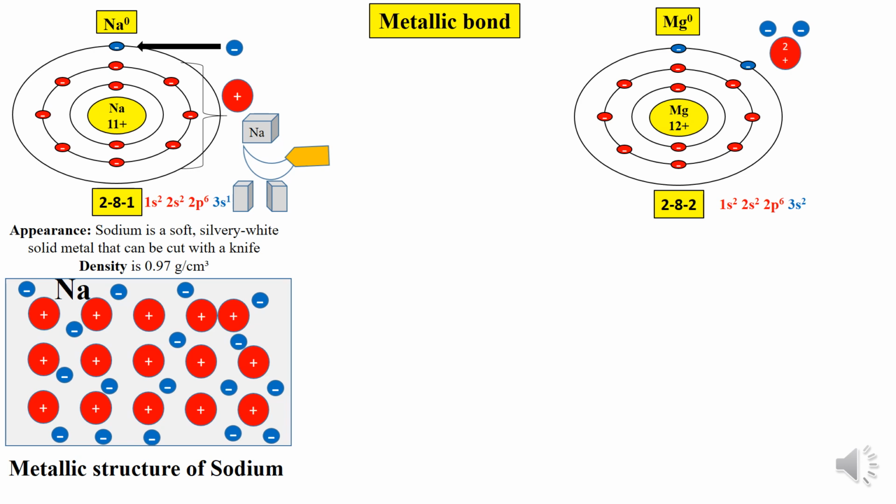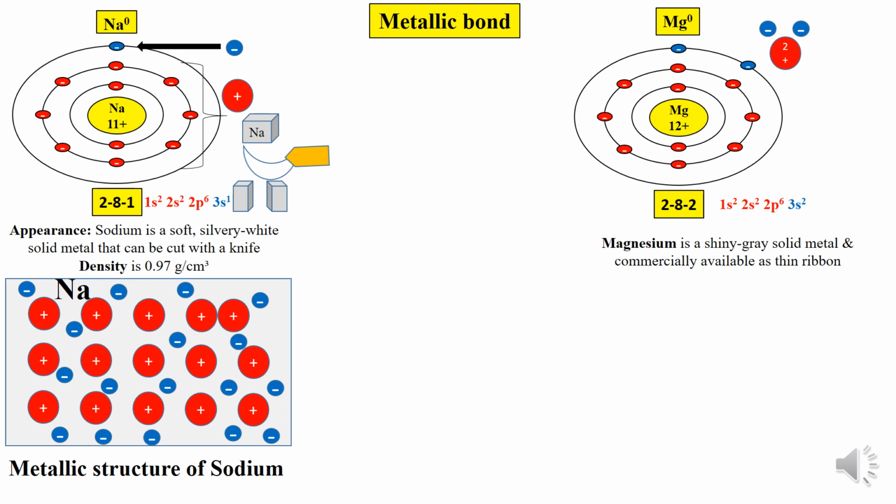So there are two differences between the electron structure of sodium and magnesium. Sodium has 11 protons in the nucleus. Magnesium has 12 protons in the nucleus. Sodium has only one valence electron, while magnesium has 2 valence electrons in its outermost shell. So these are the two major differences between the electron structures of sodium and magnesium.